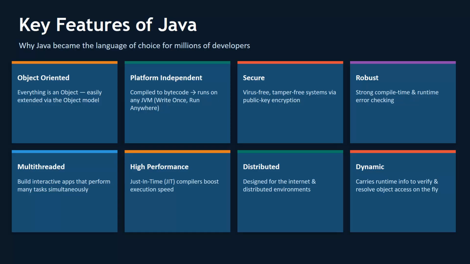And also, we have distributed. Since they are all over and can be accessed anywhere, and you can run anywhere once you have written, they are designed for internet and distributed environments. You just need to add some libraries or functionality codes to access the internet functionalities.